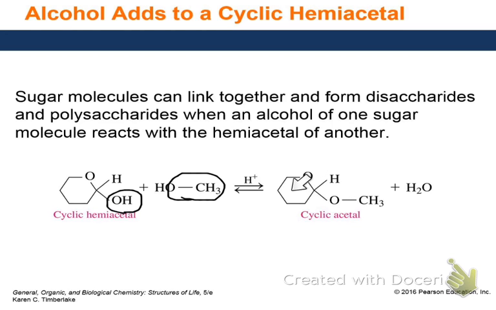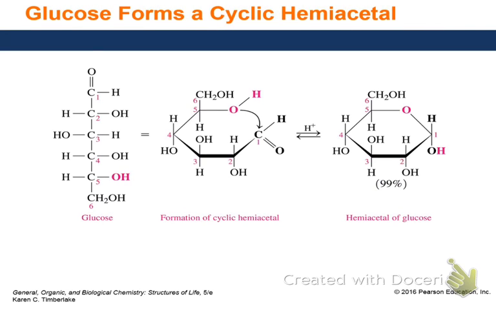Now, think about this. If you have 2 sugar molecules, okay, let's go back 1 slide. What do you see all over glucose? Hydrogens and oxygens, right? In fact, there's 6 OH groups on there, right? 1, 2, 3, 4.